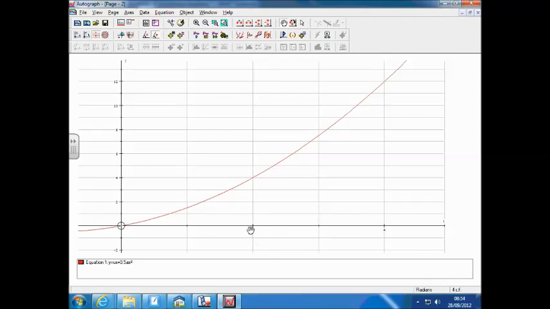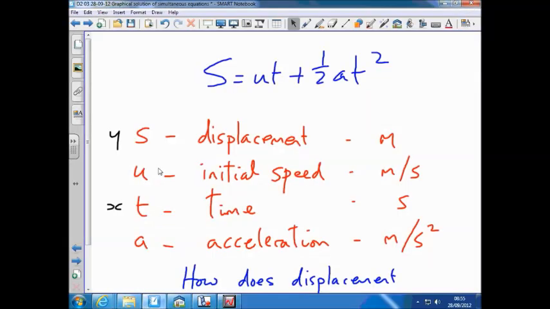After 2 units of time, possibly seconds, it will have gone in displacement that much. However, we've not worried at the moment about the values for u and a, and that's what we've got to think about first of all. We've got to find out what u and a are before we can plot this function properly.